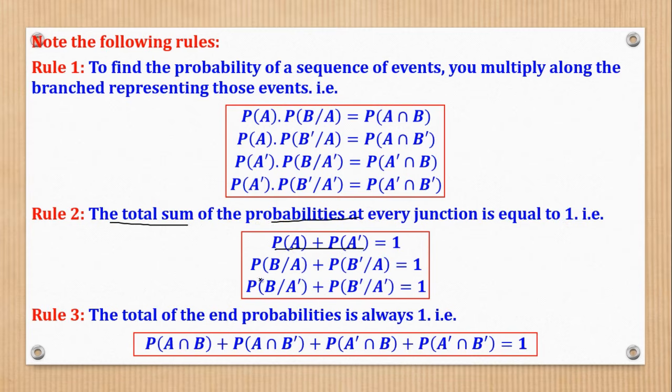Therefore this is equal to 1, this is equal to 1, this is equal to 1 from our tree diagram. Then rule 3, the total of the n probabilities is always equal to 1. So when I add all these probabilities from my tree diagram, I must come up with 1.